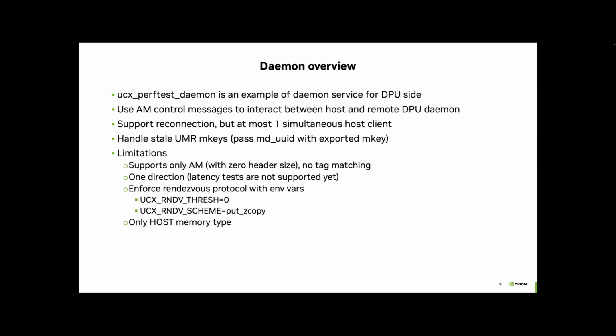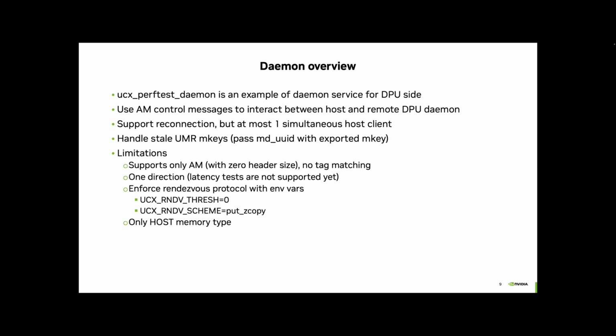It also handles tailed UMR keys, maybe not very important here. And currently it has several limitations. We can address them in the future. So currently it supports only active messages API and with 0 header size. It doesn't support tag matching yet.